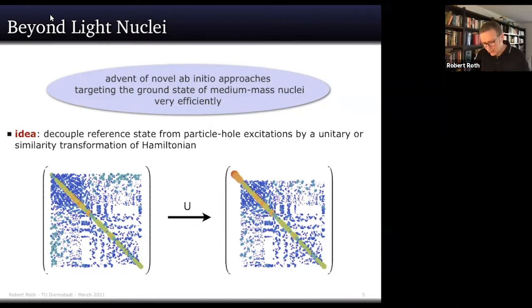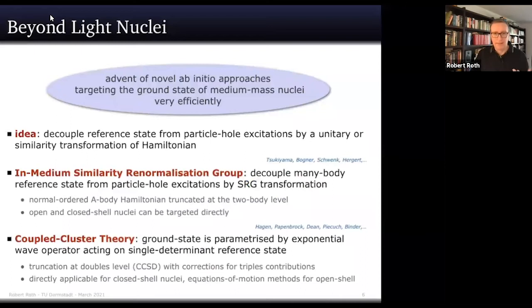And actually, there are two methods which do exactly this. They seem to be very different, but they are related to each other. These two methods are the in-medium similarity renormalization group, where I recycle this SRG idea in a slightly different implementation, the in-medium version, and the second method is coupled cluster theory, which does the same in a slightly different way. These are the two methods I want to discuss now.